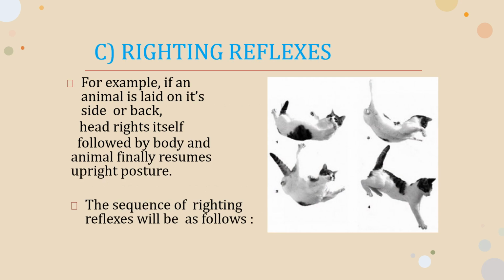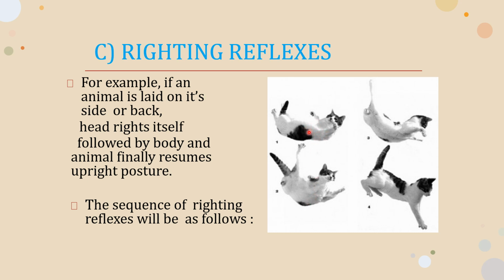We will see now. For example, if an animal is laid on its side or back, the head rights itself, followed by the body, and the animal finally resumes the upright posture. Suppose you can see in this, first the head is becoming corrected.